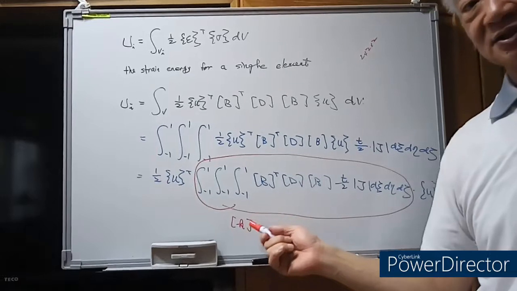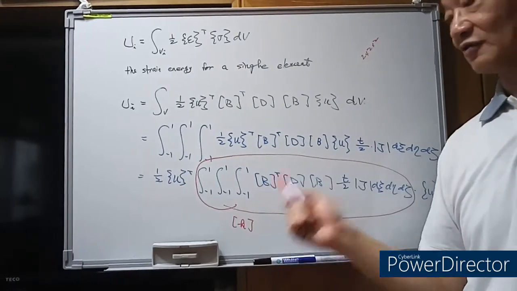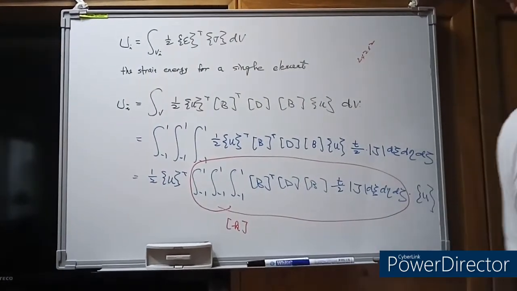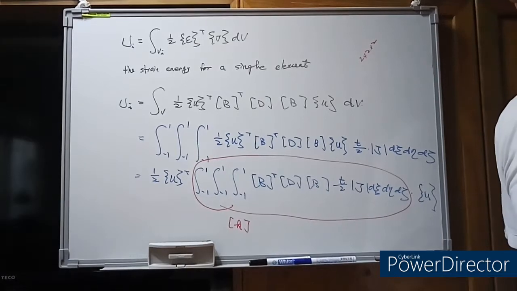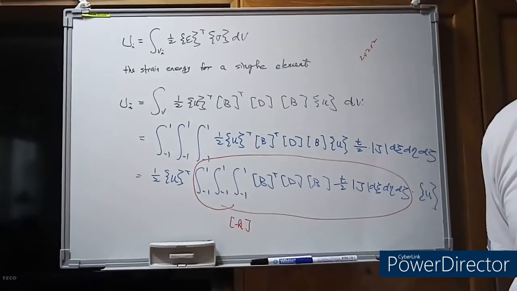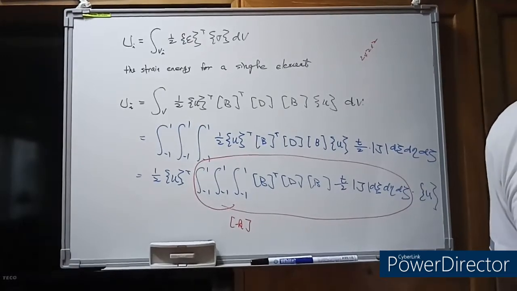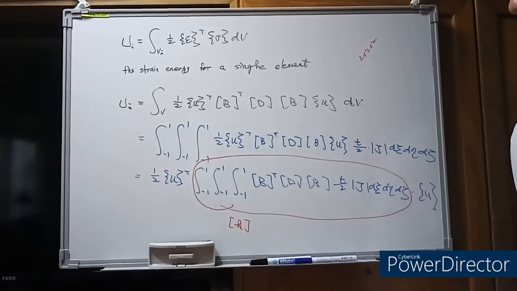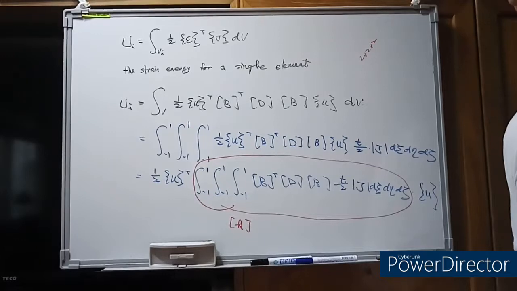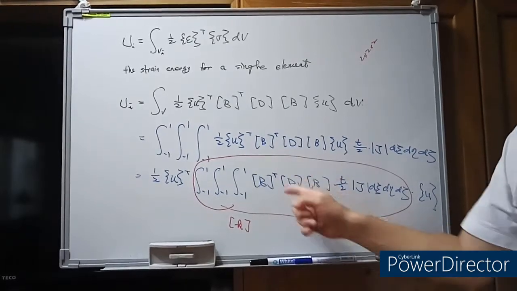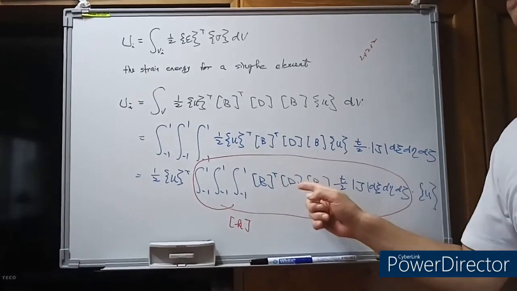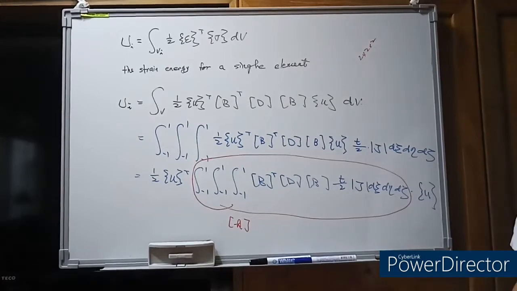Then you can get the element stiffness matrix, K matrix. Okay, I think that's the most important part for the plate bending element. And let me remind you how we can get the D matrix.